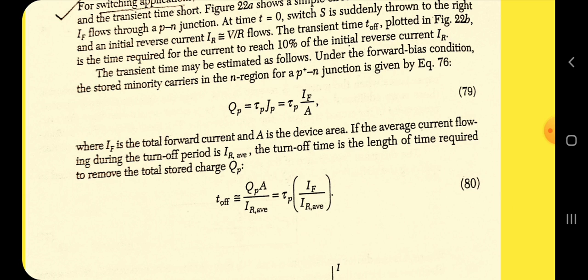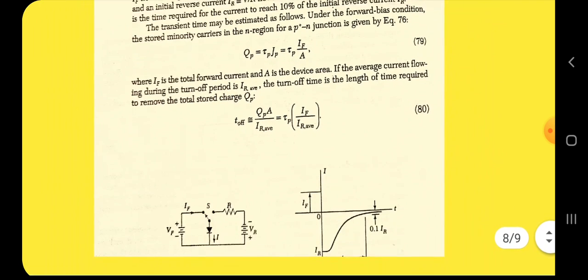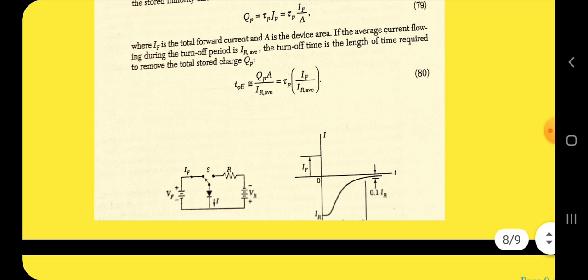If the average current flowing during the turn off period is IR average, the turn off time is the length of time required to remove the total stored charge QP. T off is nearly equal to QP A divided by IR average, that is equal to tau P IF by IR average.